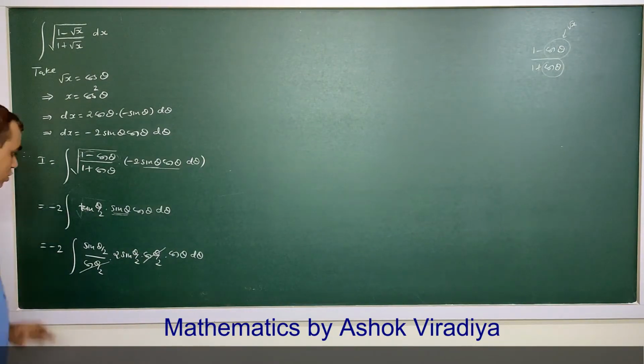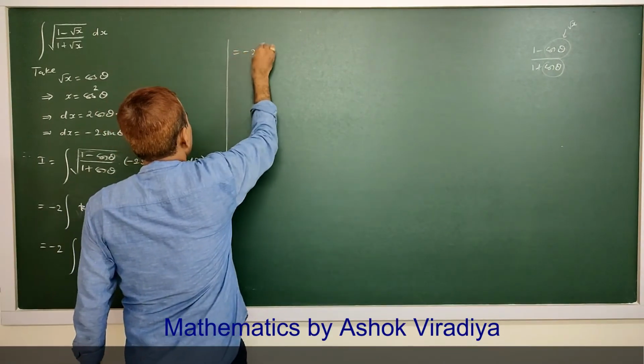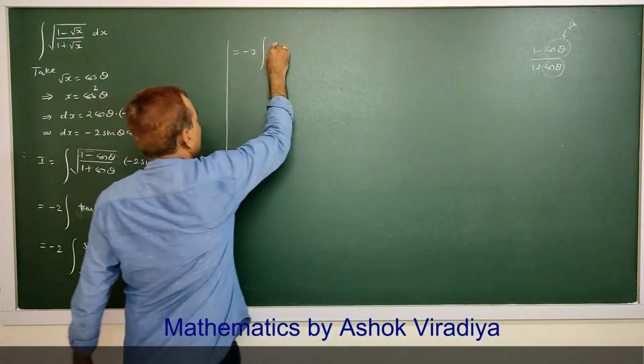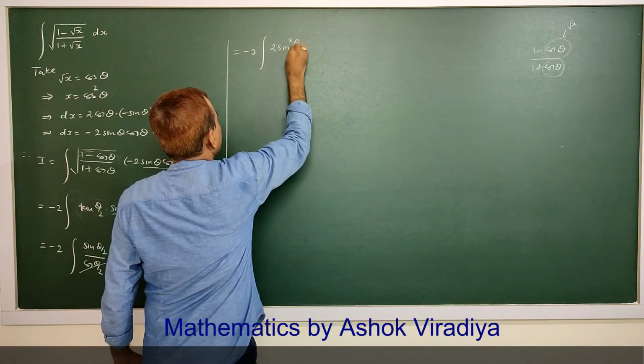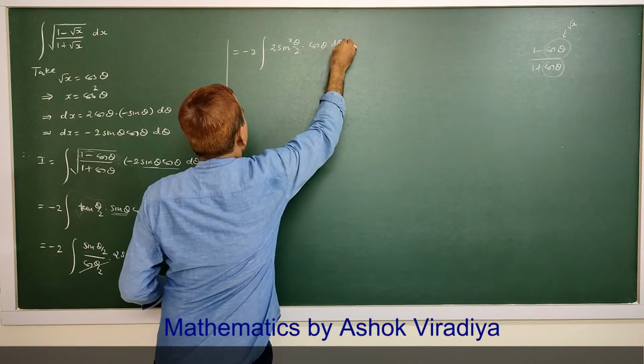So minus 2 into, now this is 2 sin square theta by 2, 2 sin square theta by 2 into cos theta d theta.